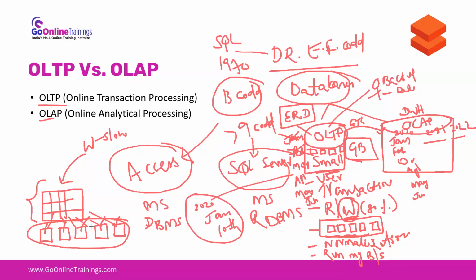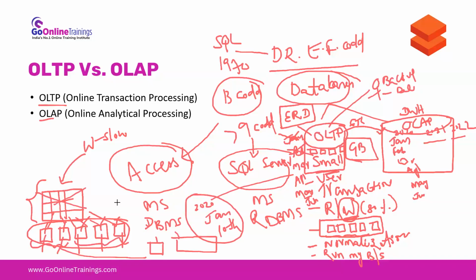Clear? So this is what is called normalization. Bringing all the data into small tables is normalization. But here you may use a single bigger table. You may have two tables merged into one table, and three tables merged into one more table.